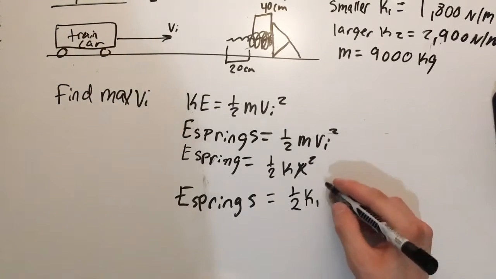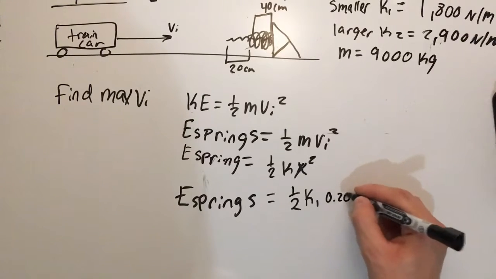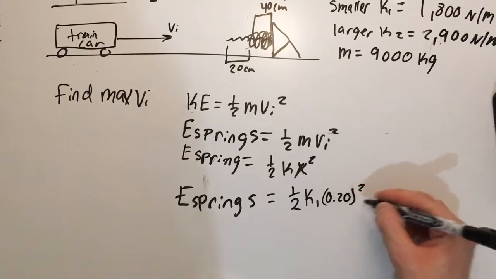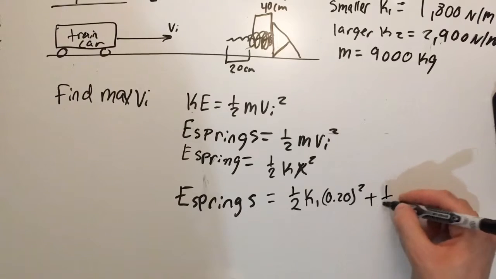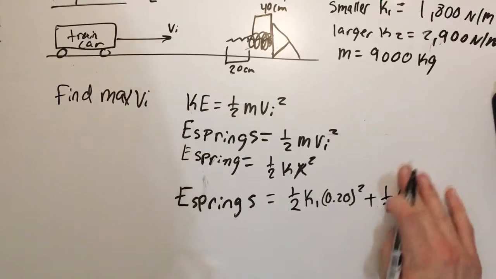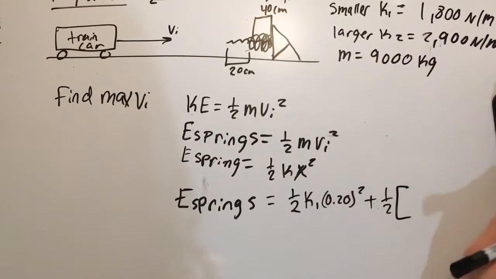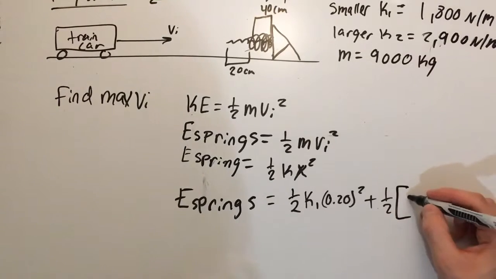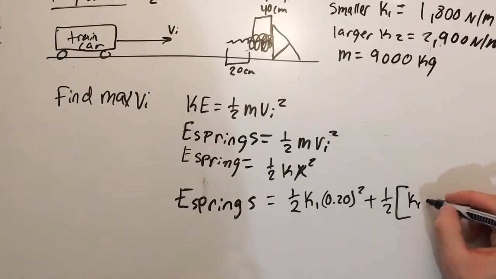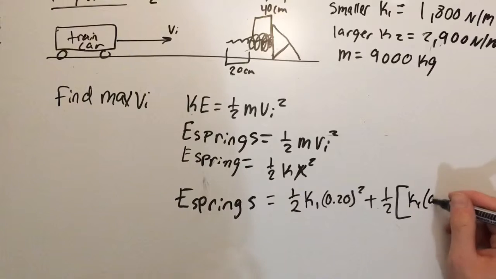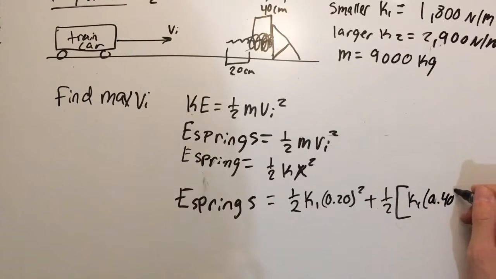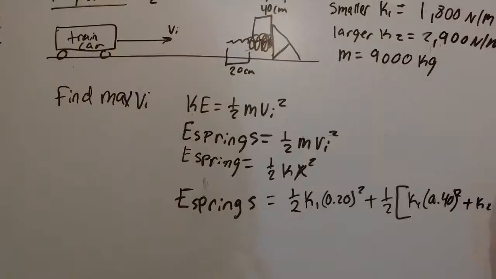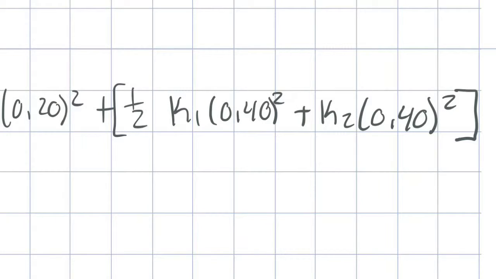So you may write something, when you first try this, that looks like this: 1/2 times K1 times 0.40 meters squared plus K2, and that's also 0.40 meters squared.